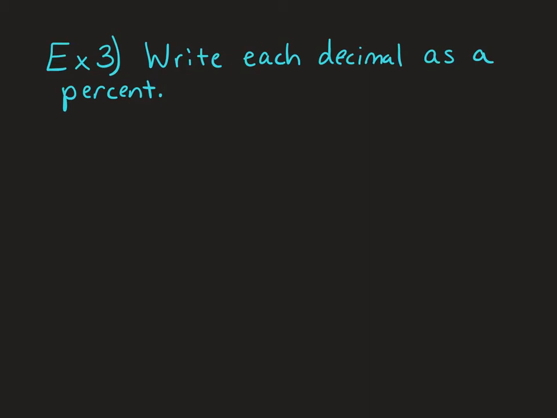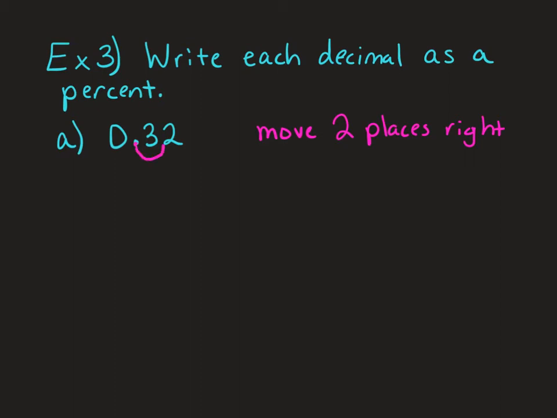Example 3, we're going to write each decimal as a percent. To move from a decimal to a percent, we just move the decimal place 2 places right. I'm going to note that. Move 2 places right. So I'm going to take the decimal here, and move it 2 places to the right, and we get 32%.